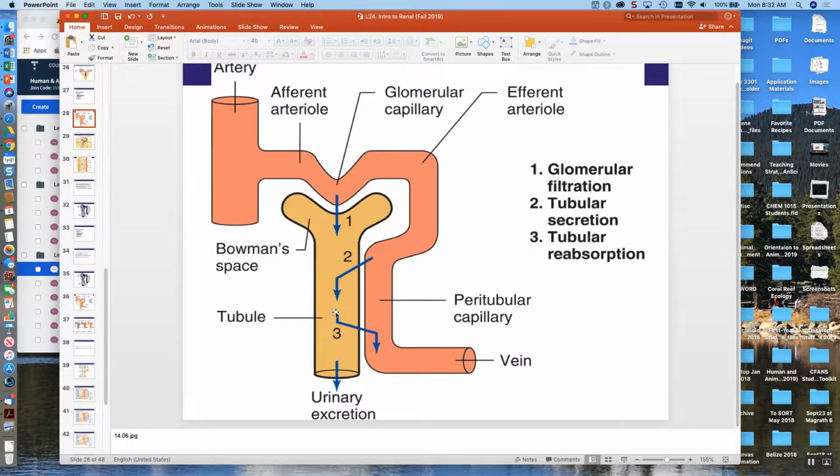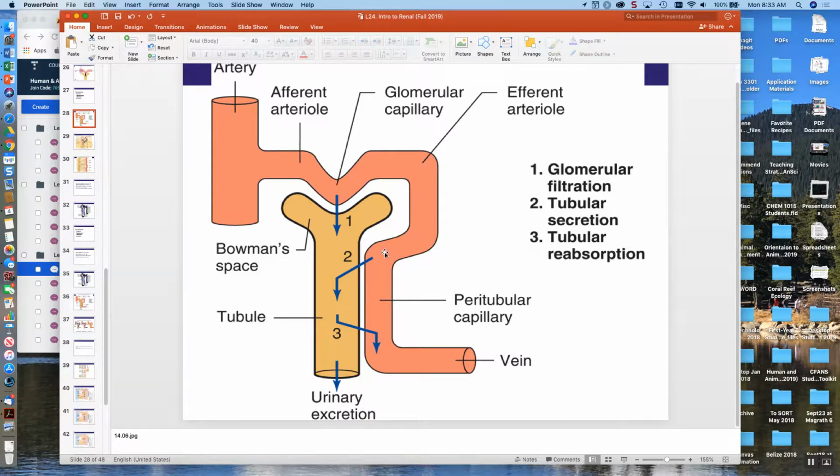All right, so reabsorption is recovering solutes and fluids that have entered the nephron and delivering them back into the body, back into the circulatory system. Secretion is just the opposite.